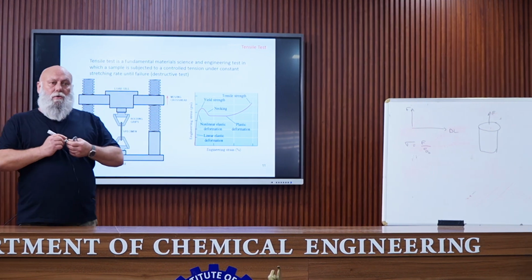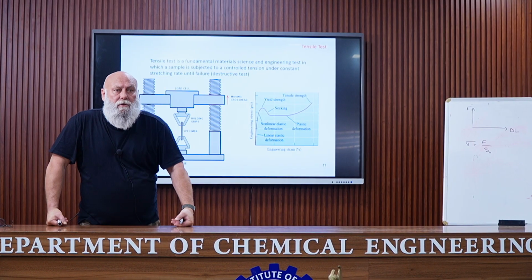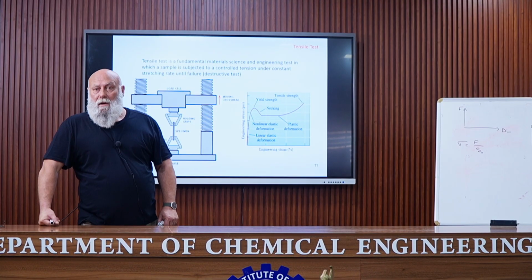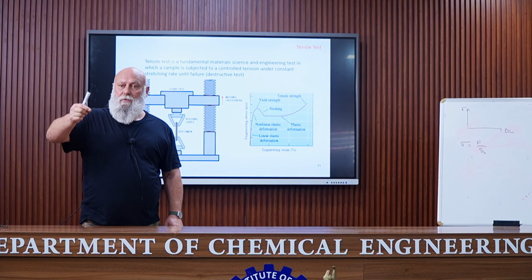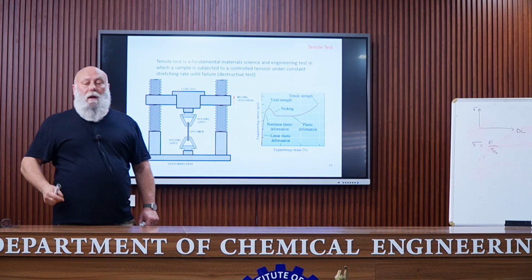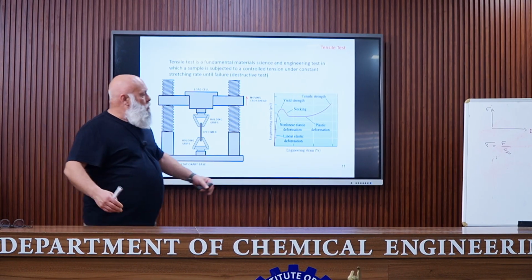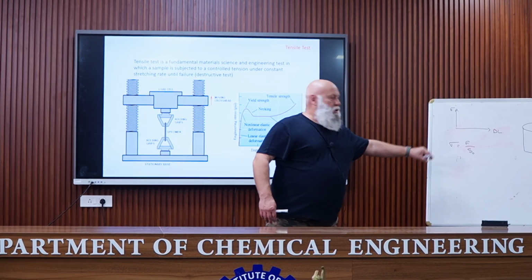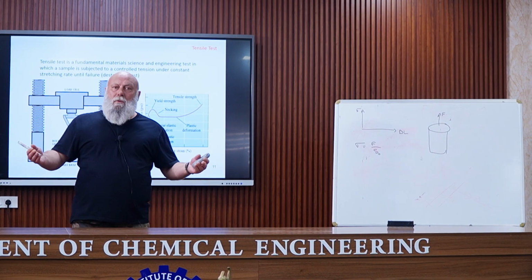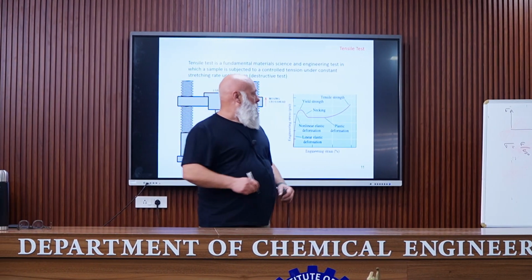In this case, this stress is referred to as conventional stress, or we can use the actual section of the sample, meaning that it's necessary to follow the evolution of the section of the sample during the test. And this stress is referred to as true stress. But usually, this conventional or nominal stress is used. But you understand that for rubber, there is a big difference between these two values.